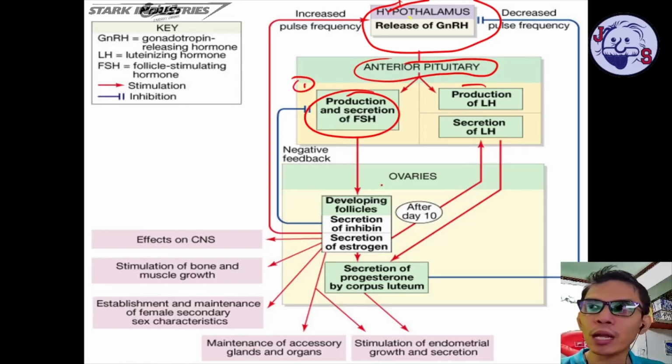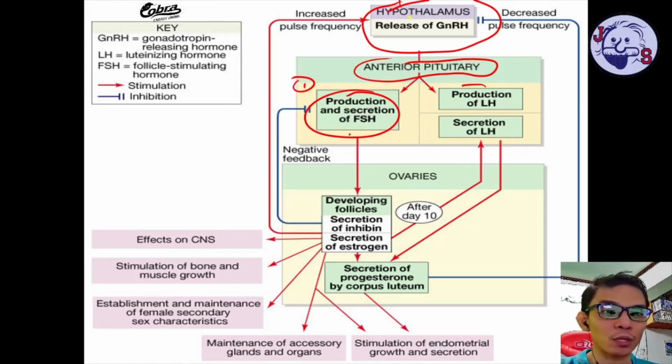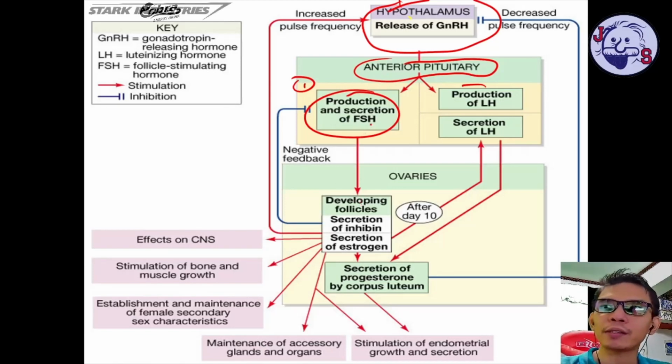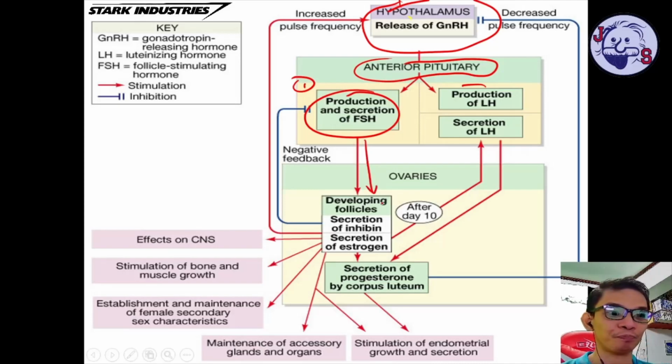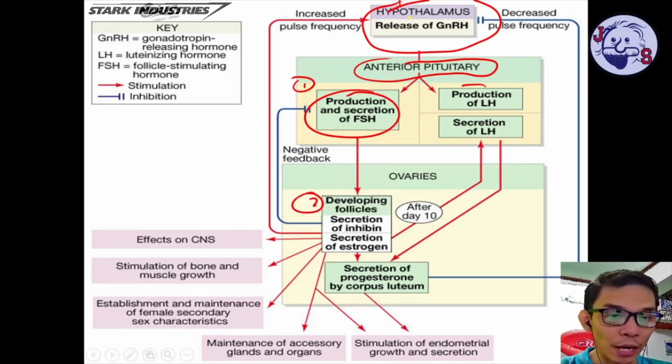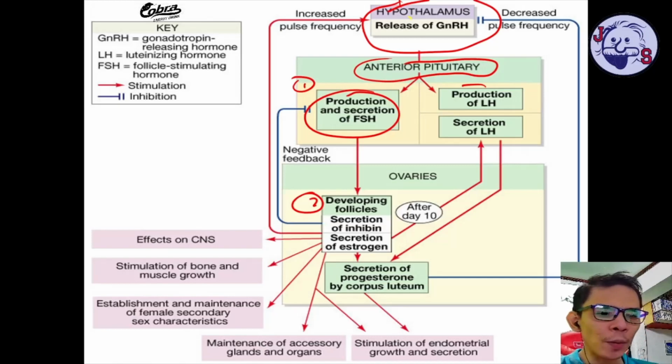The first thing that will happen is the pituitary gland will start the secretion of follicle stimulating hormone, and this hormone will target the developing follicles. That's the second process here. Where are the developing follicles located? They are located in the ovary, nothing else.